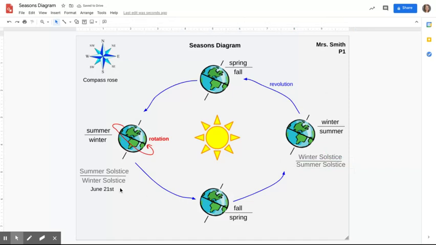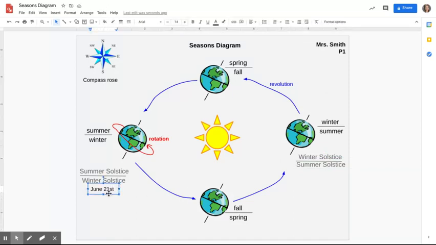And that takes place typically on December 22nd. So go ahead and label that as well. So the middle of winter, the shortest day of the year, the least amount of sunlight, our winter solstice.